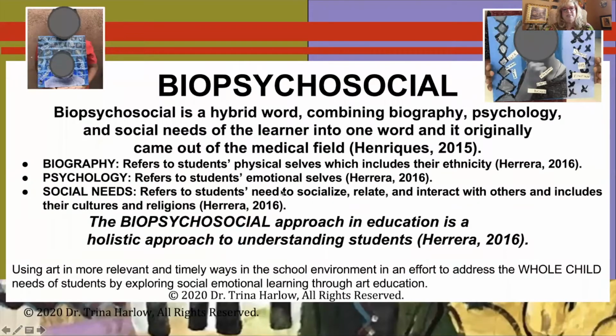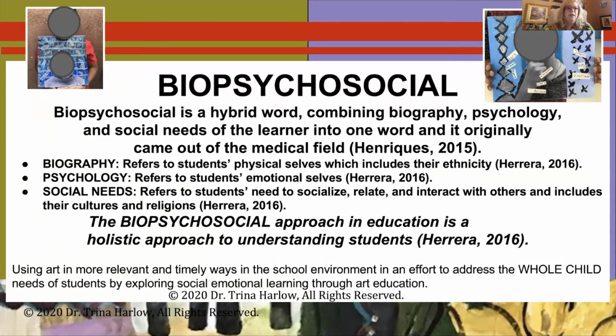This slide just points out to you what biopsychosocial is. It is a hybrid word, as I've already said, combining biography, psychology, and the social needs. It maybe came out of the medical field originally, and it's an approach in education that is holistic. Biography refers to students' physical selves, who they are as a person, their ethnicity, their biographies.